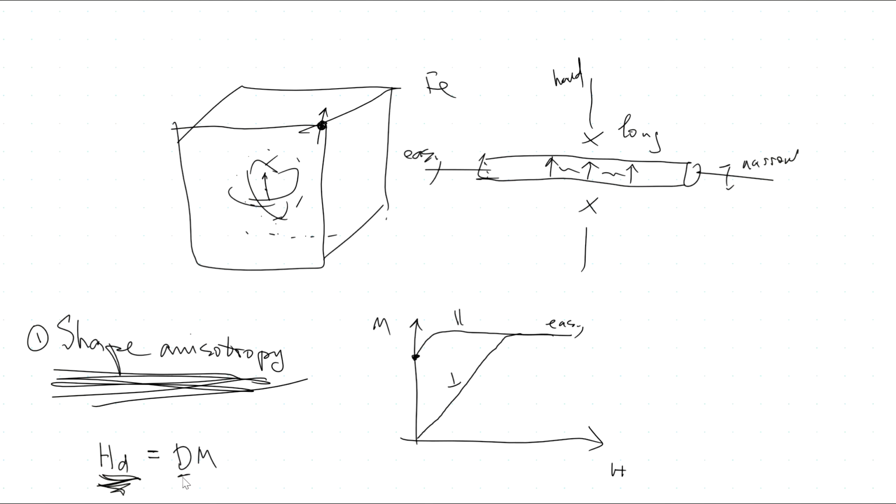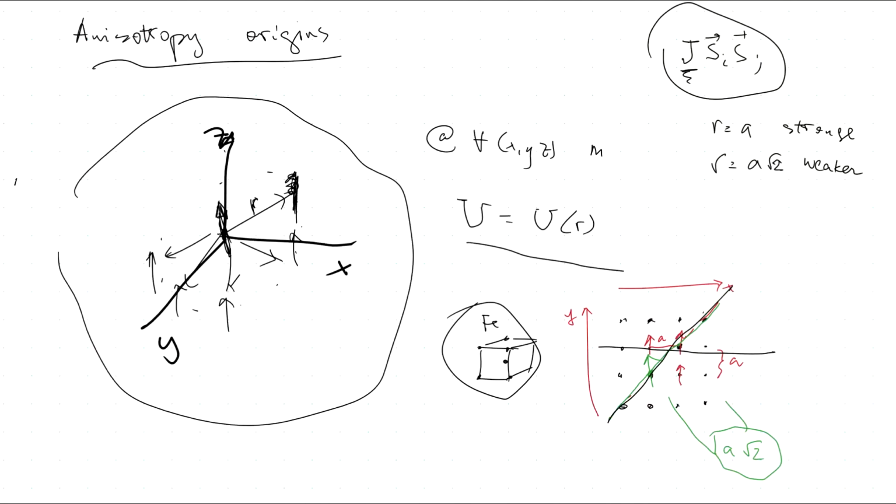D is a demagnetizing factor, M is the magnetization. And the second type of anisotropy would be this type of anisotropy, and this is crystalline anisotropy.